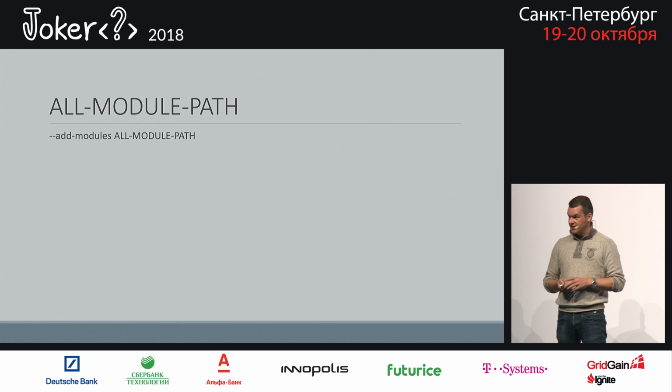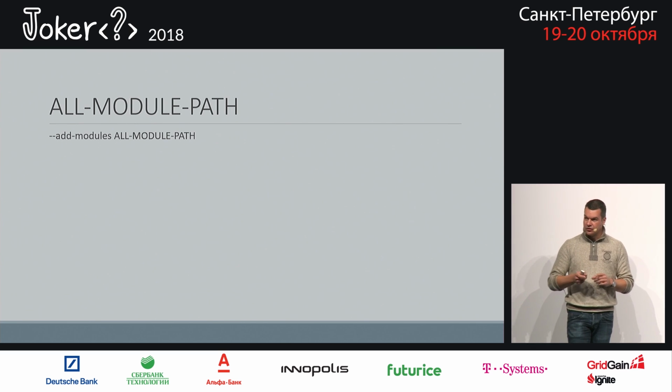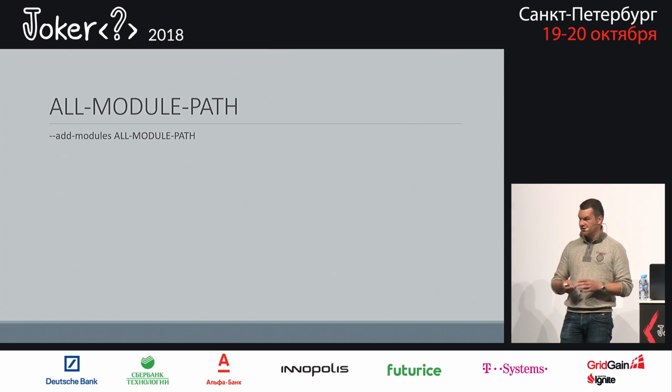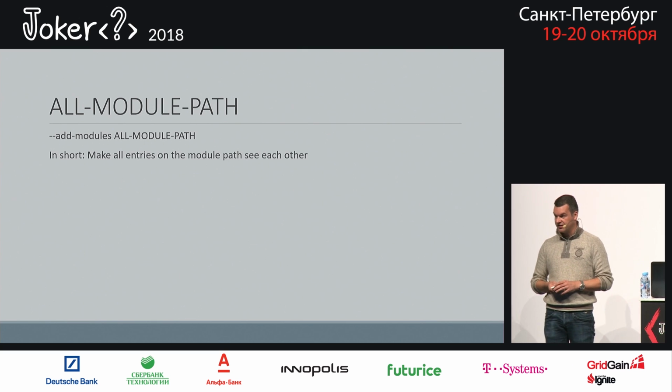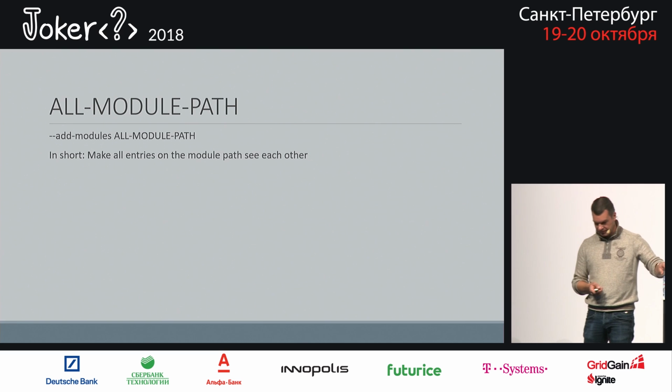So they introduced this, but now that I'm aware that the Java platform modular system works a little bit differently, we don't use this anymore in Maven. However, it is still usable, so they still kept it inside the specification. So in short, it's saying, make all your entries on the module path visible to each other.